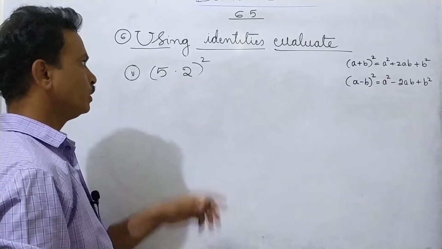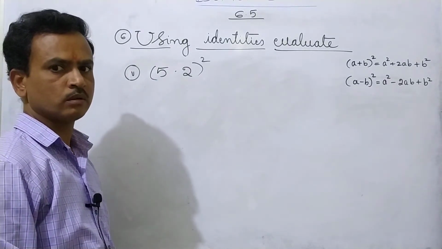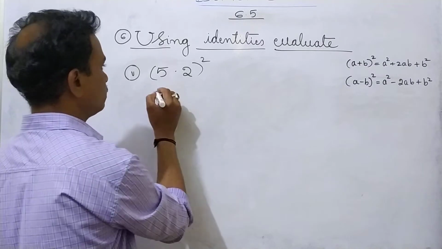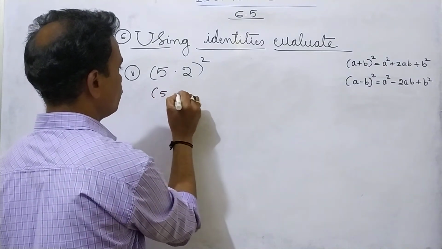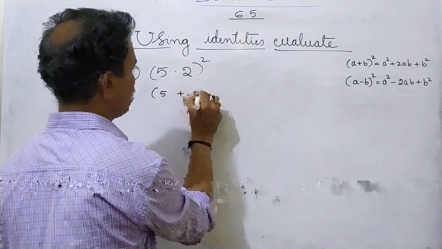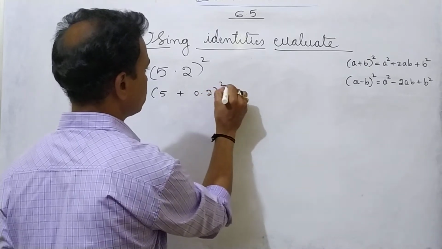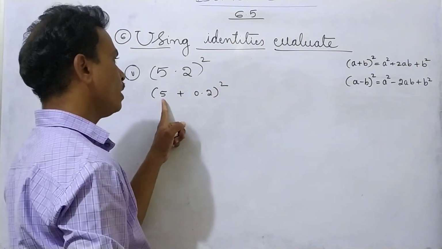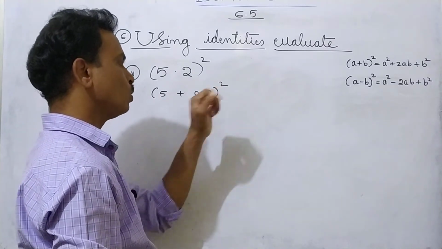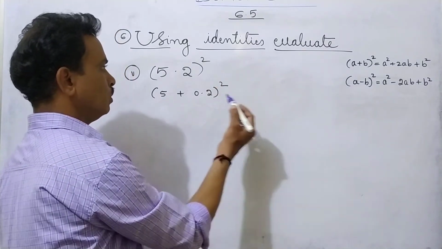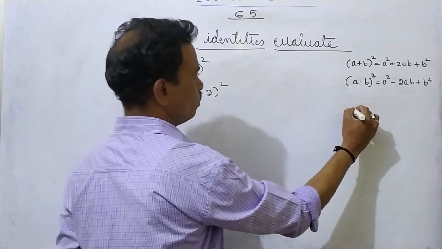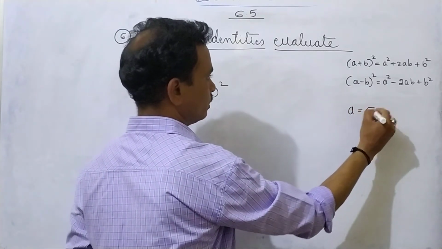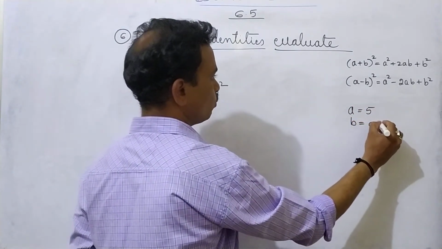So (5.2) whole square. This can be written as (5 + 0.2) whole square. So this is in the form (a + b) whole square. Now a is equal to 5, then b is equal to 0.2.